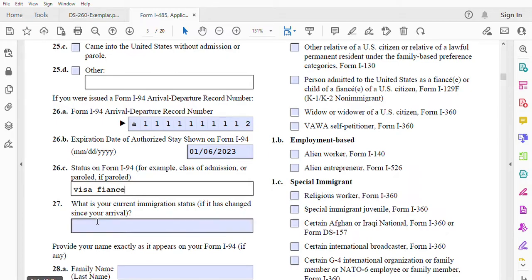What is your current immigration status, if it has changed since your arrival? It is the same.